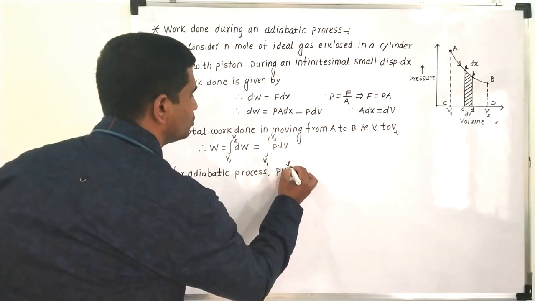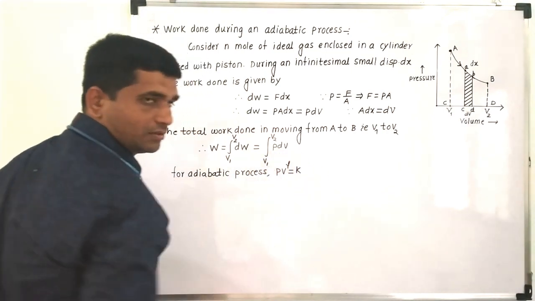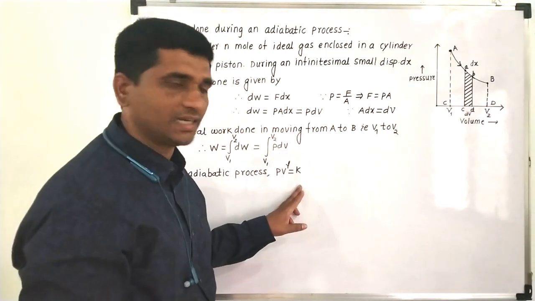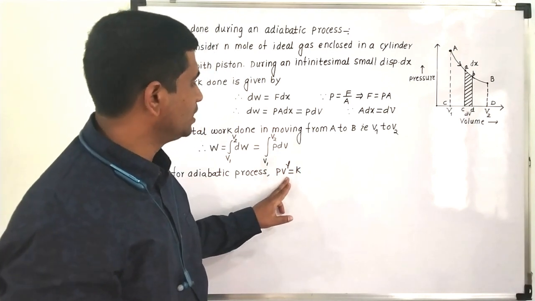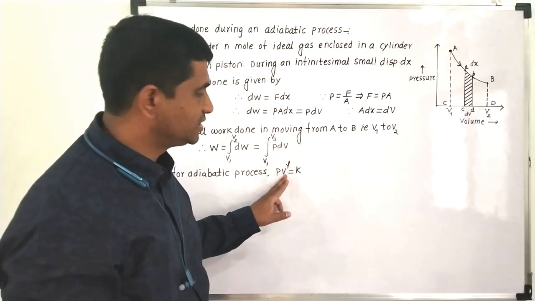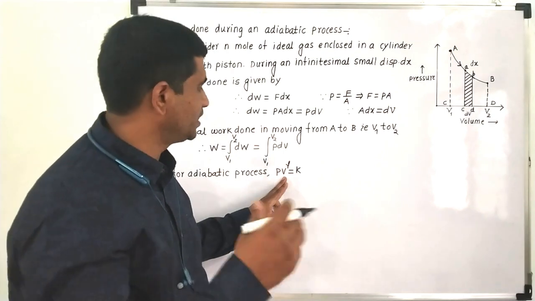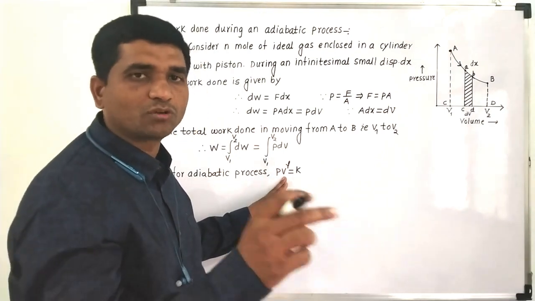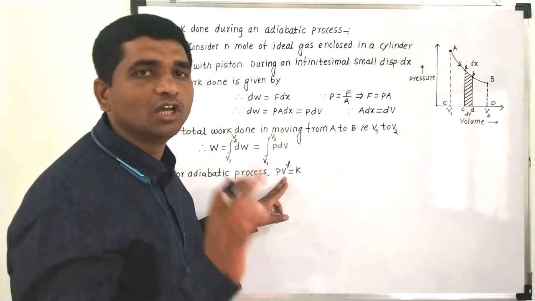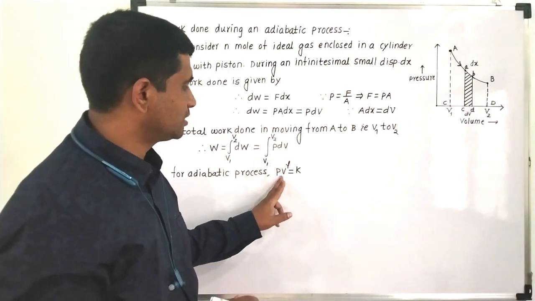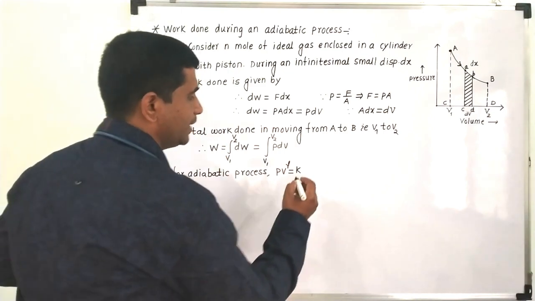It is PV raised to gamma is equal to constant. That is the adiabatic relation for an ideal gas. But what is this gamma? Gamma is the ratio of the specific heat at constant pressure to the specific heat at constant volume.